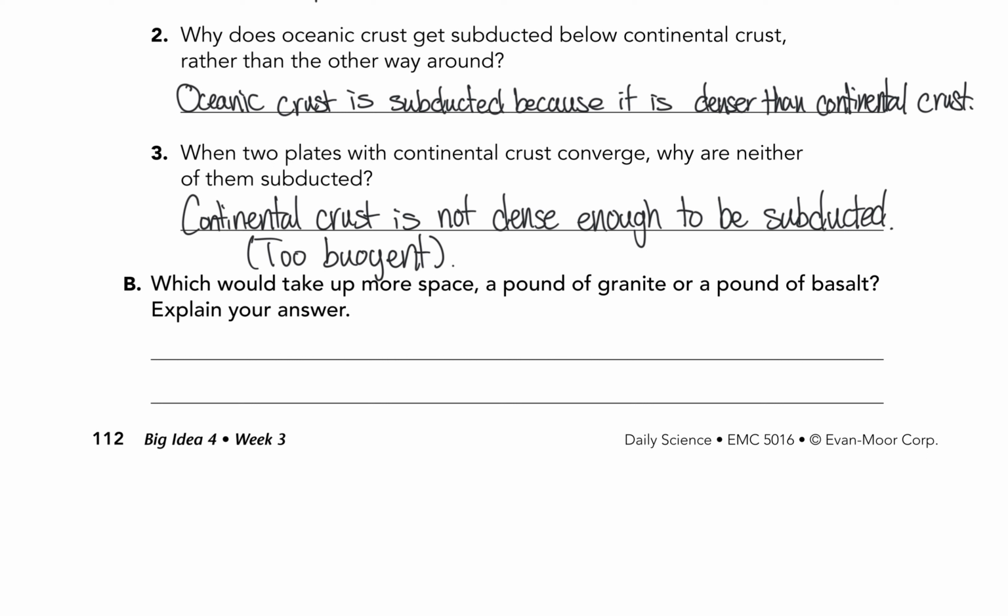So the object that is less dense will take up more space if it's the same weight or the same mass. So in this one, it's saying there's a pound, right? The mass is a pound of granite and basalt. Which one would take up more space? Well, granite is less dense than basalt. You need to have a larger volume of granite to have the same mass as you would of basalt.